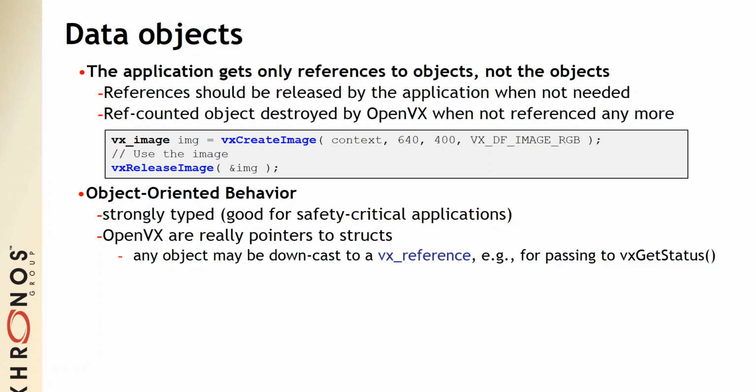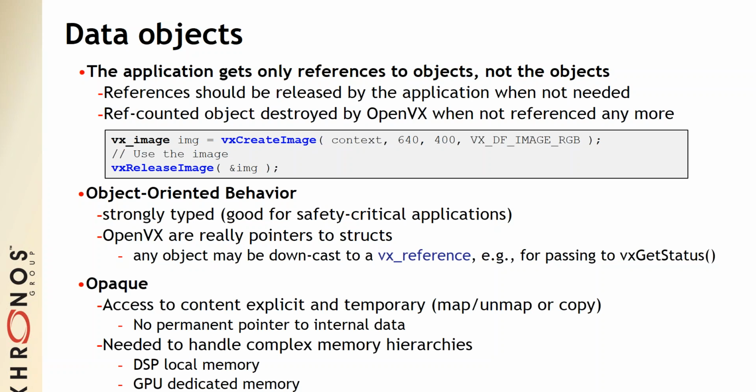We get some of that by having OpenVX objects really be pointers to opaque data structures, and because they are pointers, any object can be downcast to vx_reference, so the object can be used by generic APIs such as vxGetStatus. You saw this example in the previous slide where you call get status after creating a context. So you can downcast the vx_context object into a vx_reference.